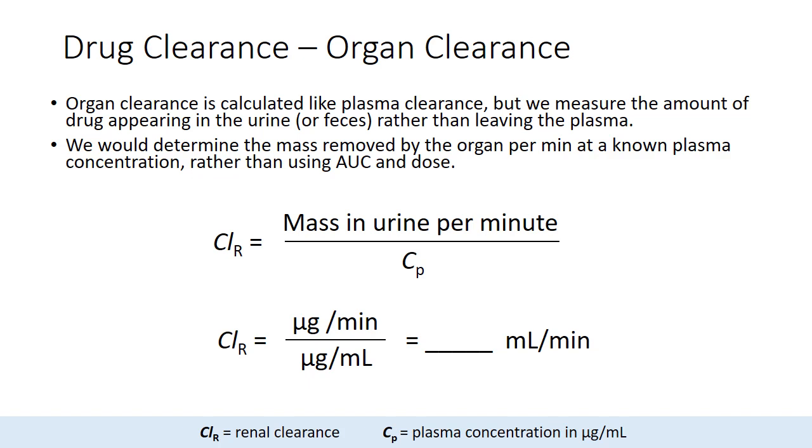So the answer is going to be milliliters per minute, like I said. It's important for me to emphasize this: basically, what you're calculating is how much volume of plasma is being cleared of that drug per unit time by the kidney, right?